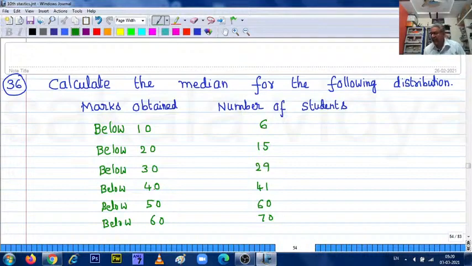Then find the L value, CF value, F value, and class size. Then recall the formula and substitute in the formula of median, so that we can find the median for the following distribution.